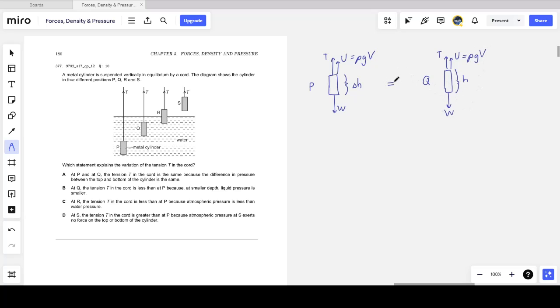And so P and Q actually are equivalent. The tensions are the same because the weight and the upthrust are the same.